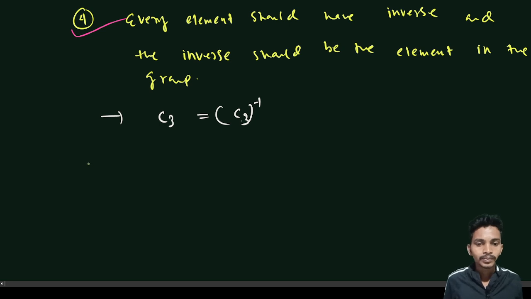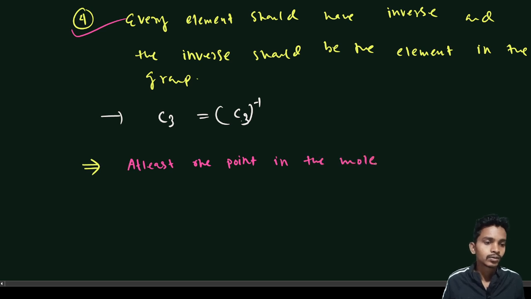Why point groups? Why are we saying point groups? At least one point in the molecule in space remains unchanged.